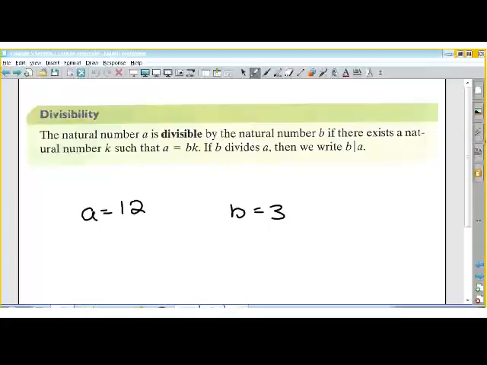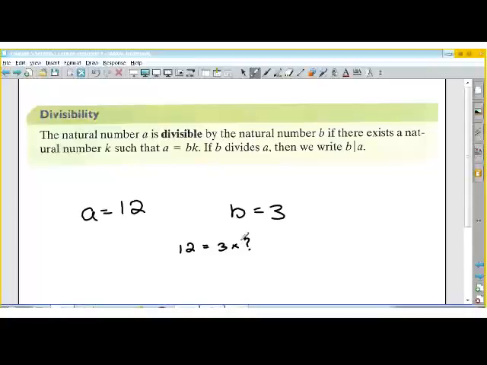So what this says is A is divisible by B if there exists a natural number K such that A equals B times K. So if we put A in there, we would say 12 is equal to 3 times some other natural number. Well, hopefully we'd say, well, 3 times 3 is 9, so that doesn't work out.